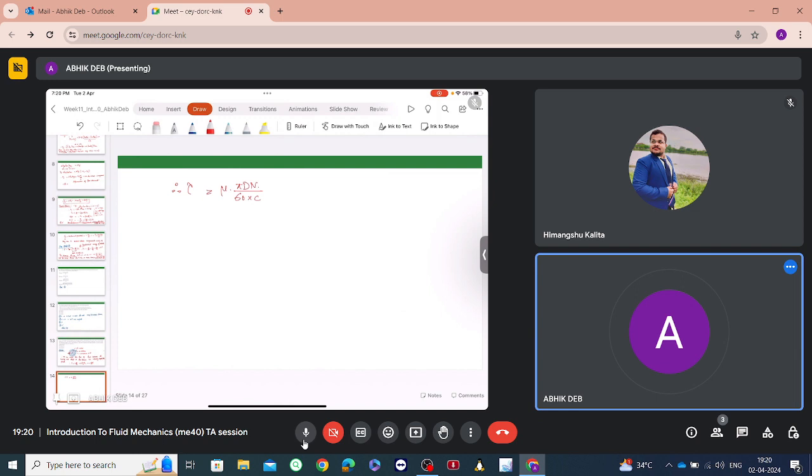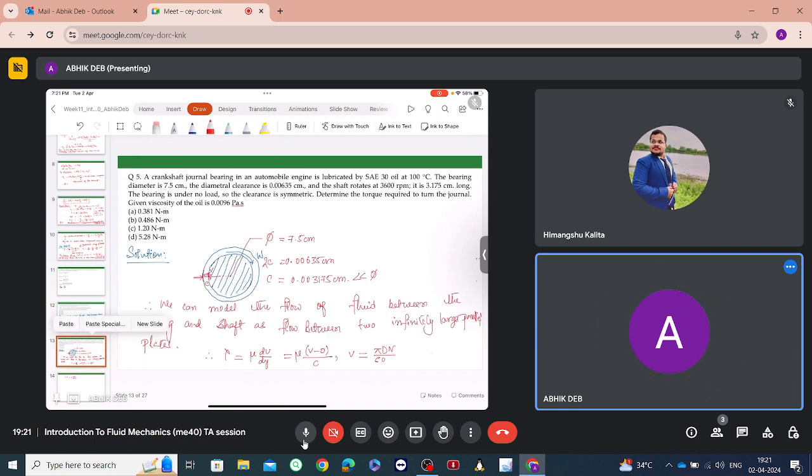Now this shear stress is acting on the circumference of the shaft and into the plane of the paper. It is 3.175 centimeter long, right? So in this dimension, L is equal to 3.175 centimeter.